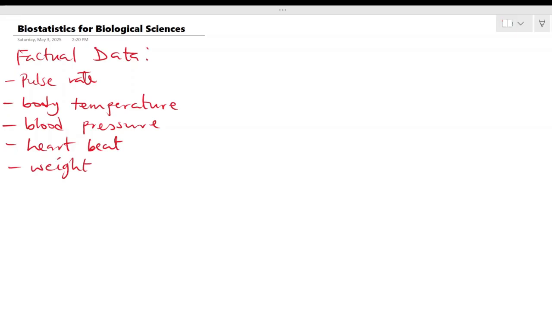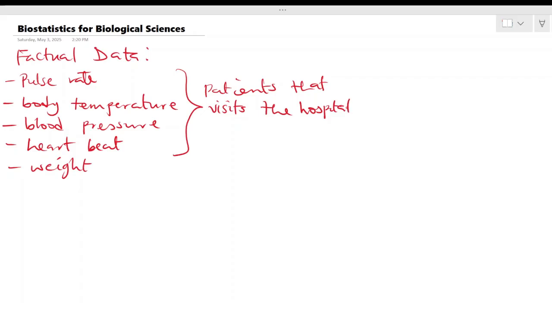And all of this data is collected from the patients that visit the hospital with one ailment or the other, patients that visit the hospital with different types or kinds of ailments.